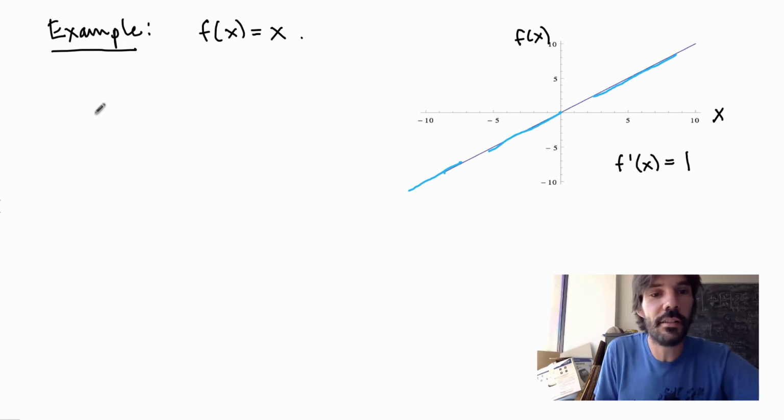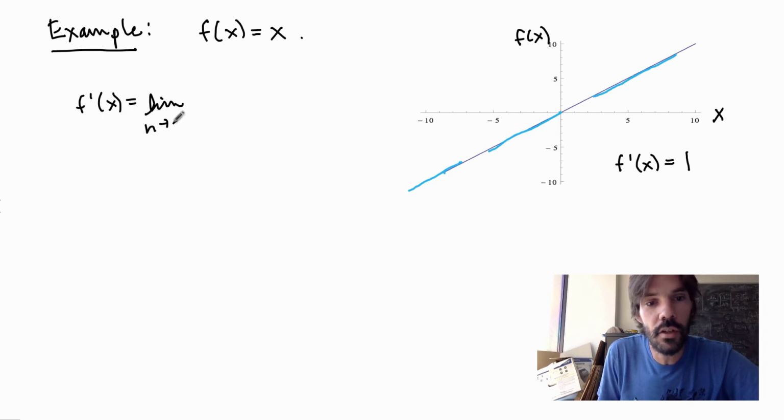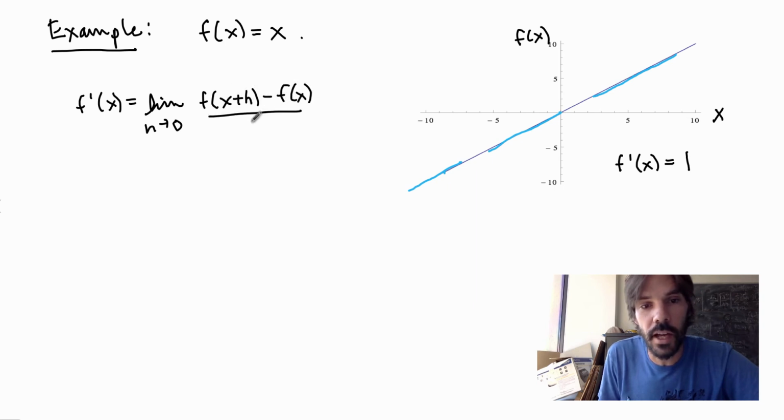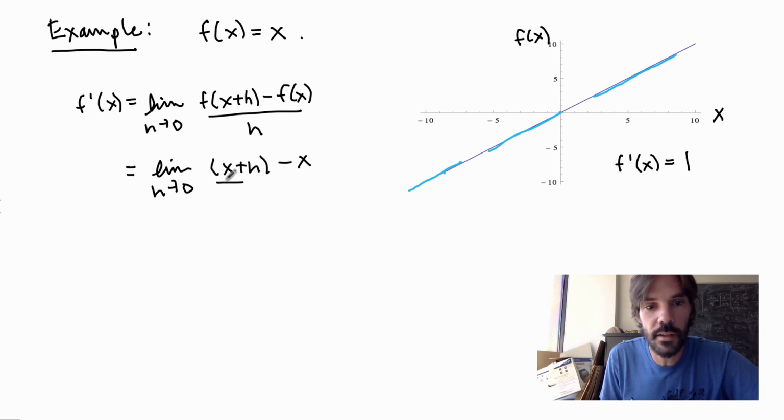So let's calculate that. Well, f prime of x is equal to the limit as h goes to 0 of f of x plus h minus f of x, divided by h. So I can replace the function here by the function we've chosen, which is just x. So I get the limit as h goes to 0 of x plus h minus x, divided by h. Now you see that the two x's cancel.